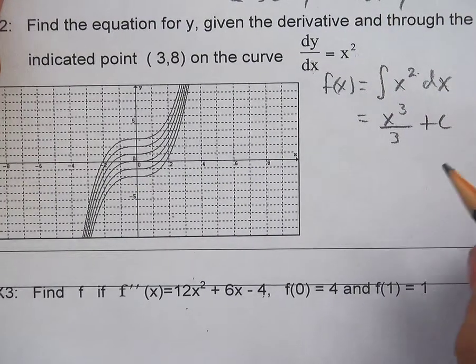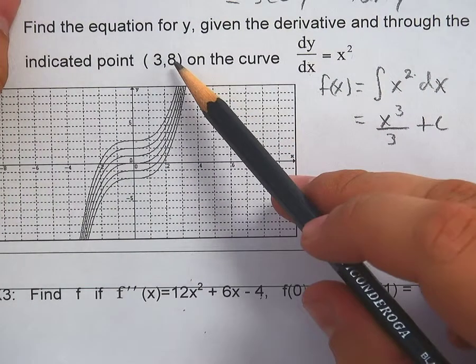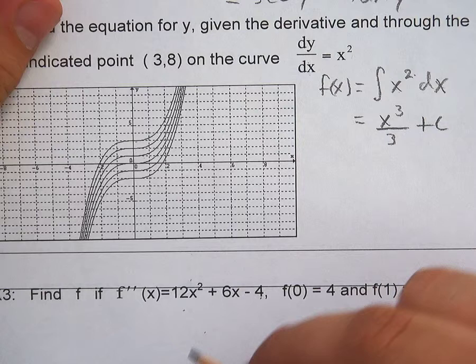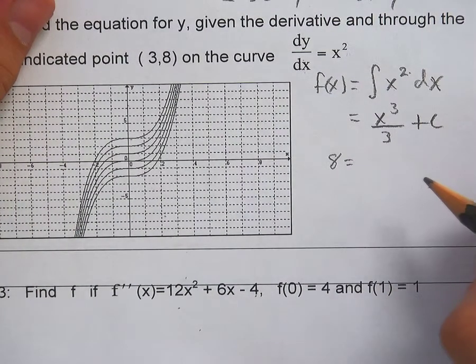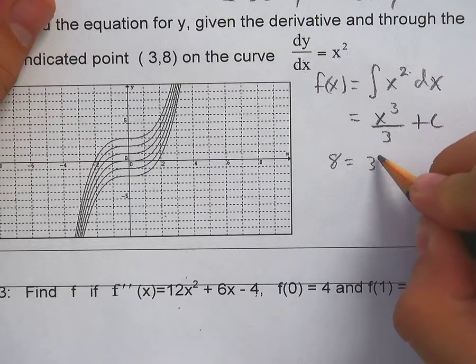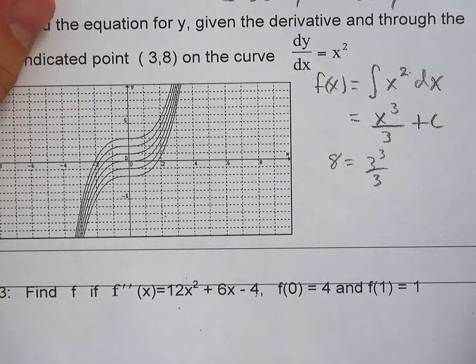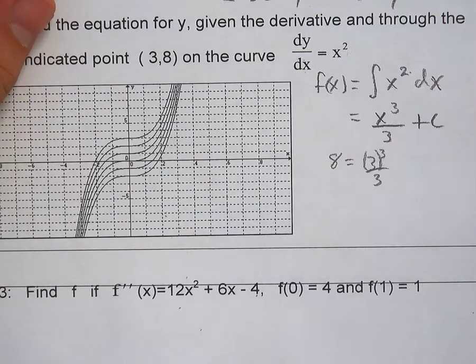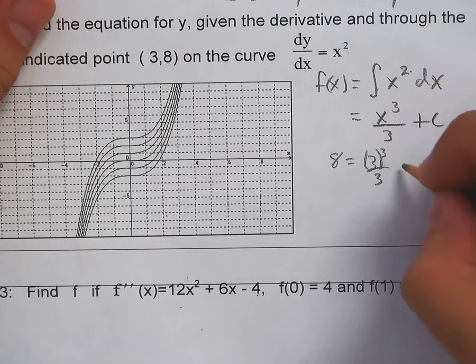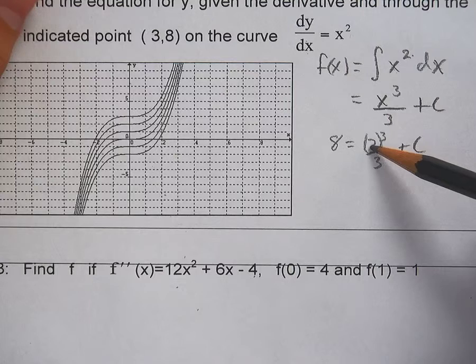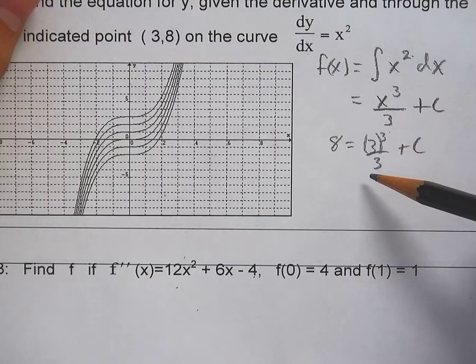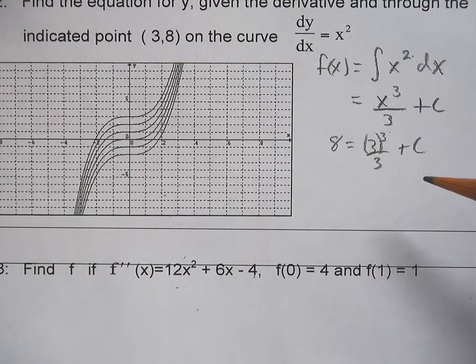Okay? So I'm going to plug in 8 for y and 3 for x and figure out what C is. Plug in 8 for y, plug in 3 for x, there's my x, and solve for c. Well, 3 cubed over 3 is 9, right?